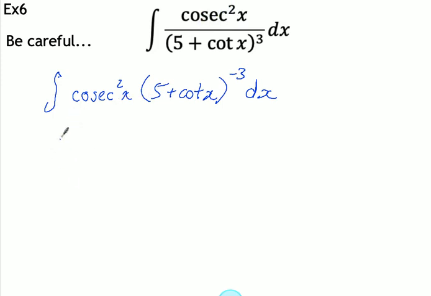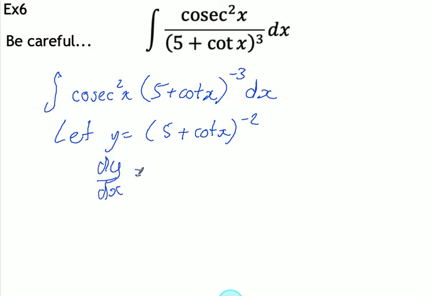So now I'm going to try, and be careful with this, (5 plus cot x) to the power of -2. So when I differentiate this, it will give me 2 cosec squared x (5 plus cot x) to the power of -3, just using the chain rule on this.